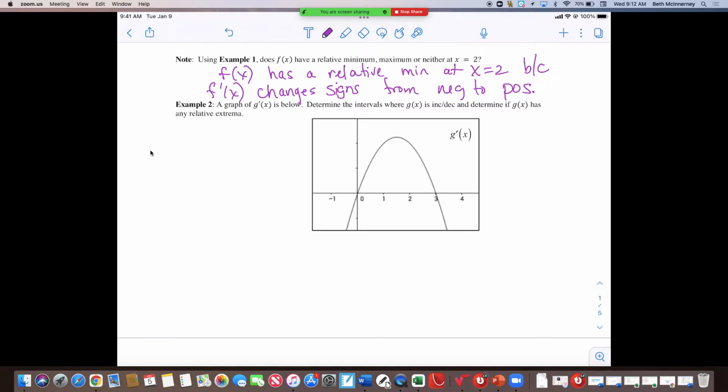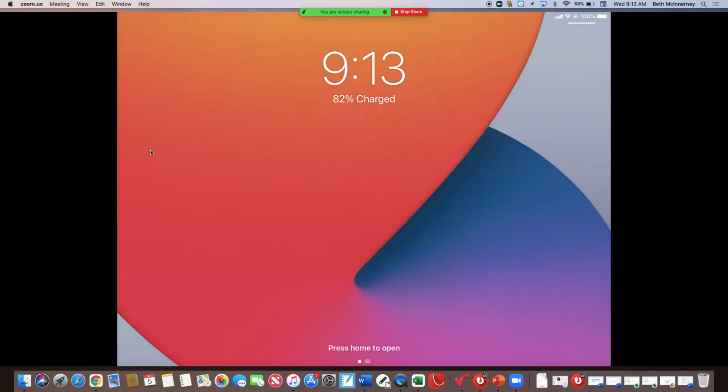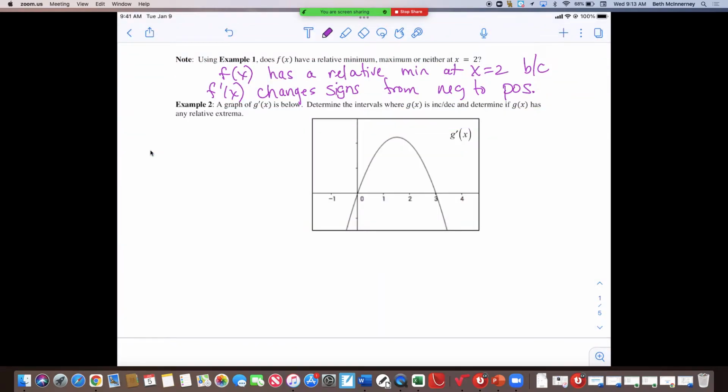All right, discuss at your tables. Have somebody share increasing, decreasing, and relative extrema. All right, Jack B, where is g increasing?